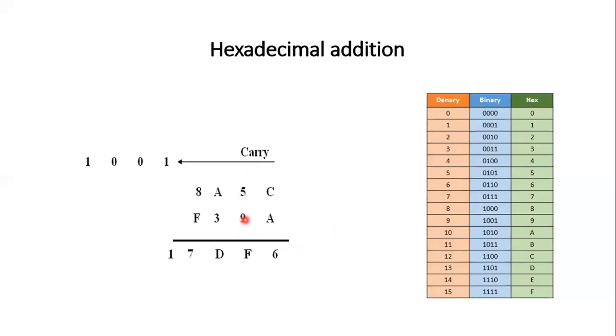So 1 plus 9, 10. 10 plus F is 15. So 15 is F. So we put F. A is 10, 3, 13. So 13 is a D. Therefore, we put D here. Then F is 15. 15 plus 8, 23. So which is not an octal number. So 23 divided by 8. So 1, remainder is 7. Therefore 17.